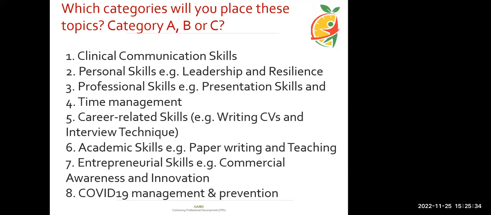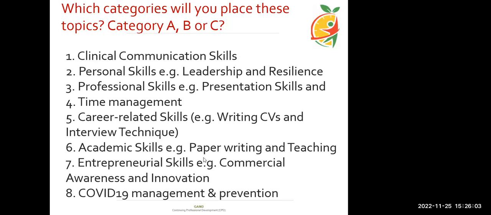If you are not careful, with the original intent of the guidelines, it may not even qualify. If you are talking about how to sleep on time, it may even qualify for category C. But for now, anything that is general and impacts on your training and education will go into category C as an individual. But if it has to do with health practice, it is entering into category B.